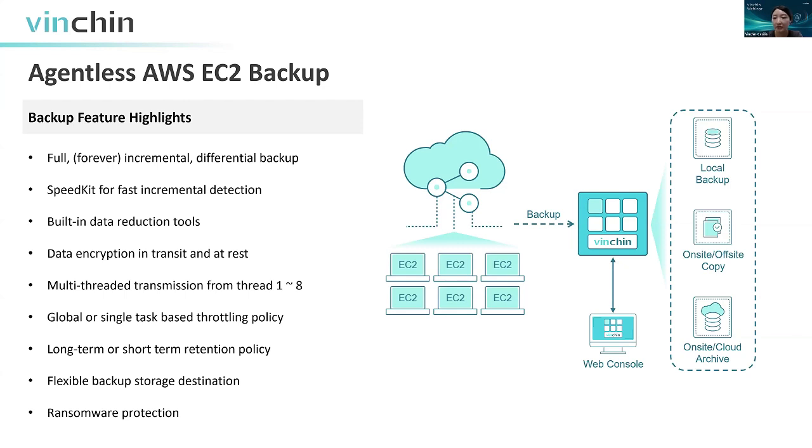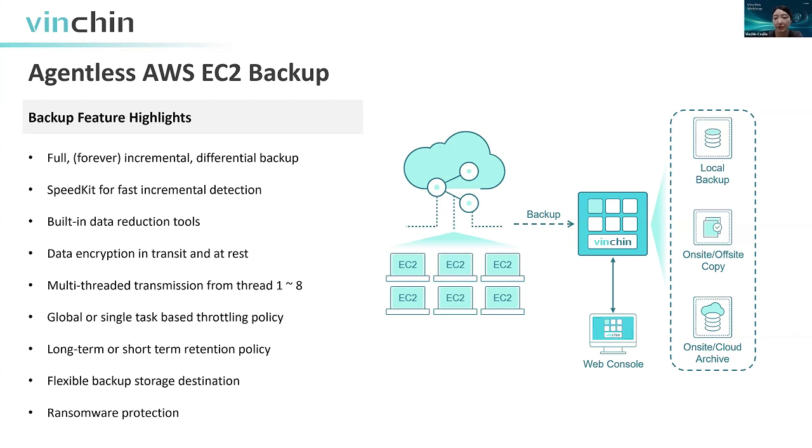For the backup storages, we support a wide range of storage types, including local storage, local volumes, local disk, fiber channel, iSCSI, and NAS. We also support sending the backup data to offsite storage and multiple cloud storages.